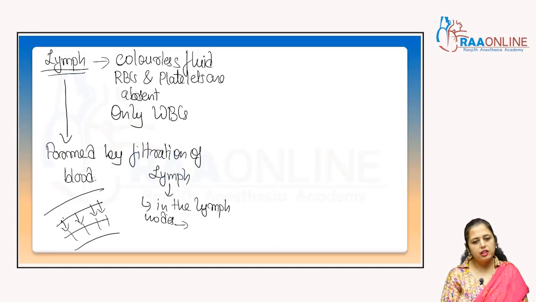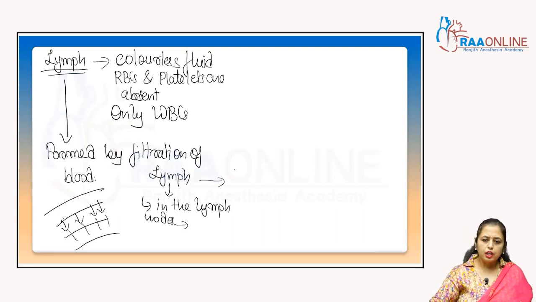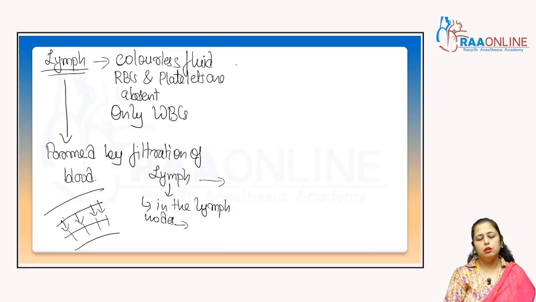In that manner lymph acts, and after that it is again drained into the blood vessel, clear? So this is the colorless fluid which helps make our immune system strong, right?